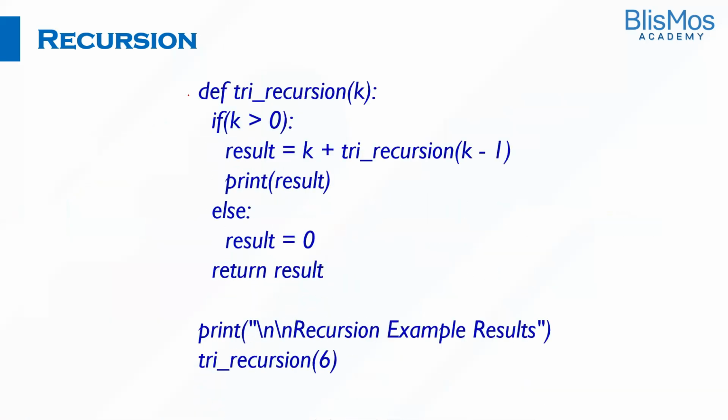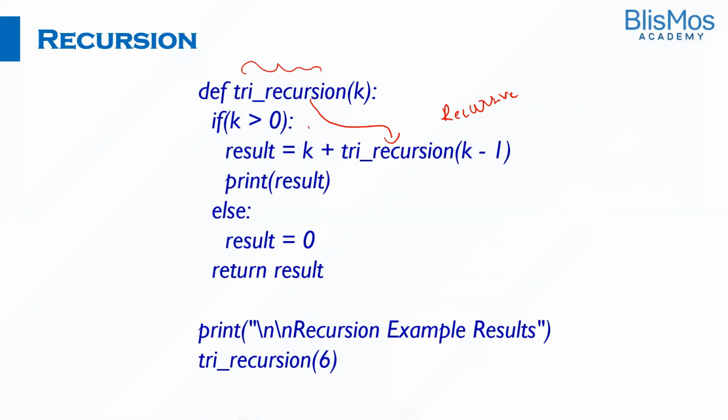Let us take an example here. Look at this. We are defining a function called tri_recursion, and again within this function we are calling the same function. That is where we call it a recursive function. We are passing a value, assuming that we have passed a 6. So what exactly happens here is, for the first time the value of k is 1. Here we are saying 1 is greater than 0.